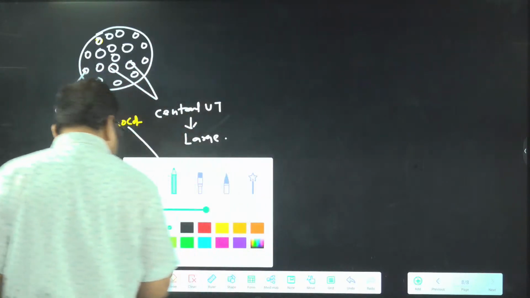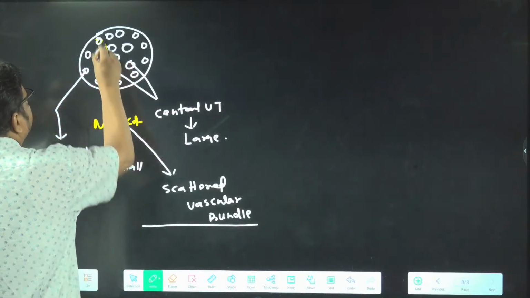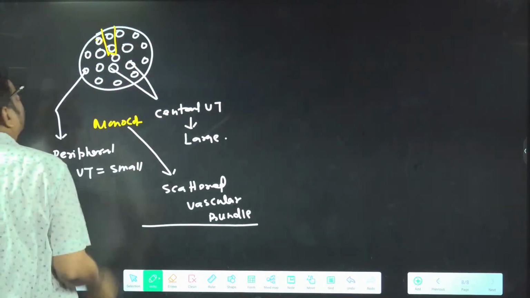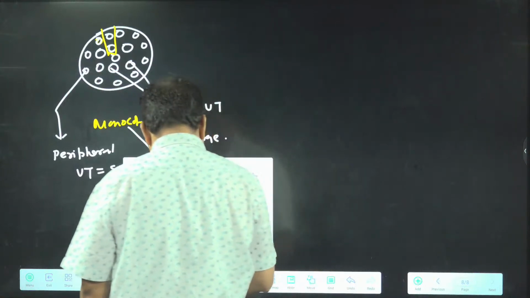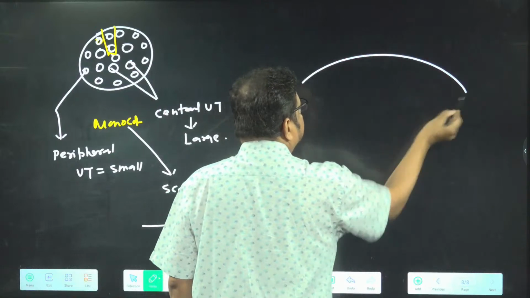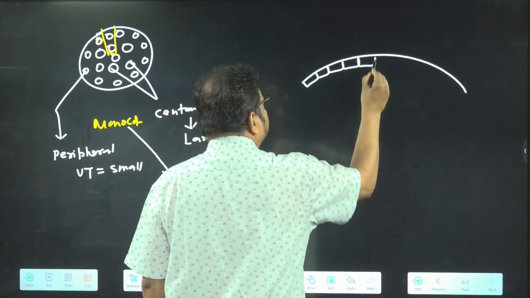In the transverse section, if I go for that section study, what will you find? Have a look here, I am just drawing it. Outermost layer, epidermis.